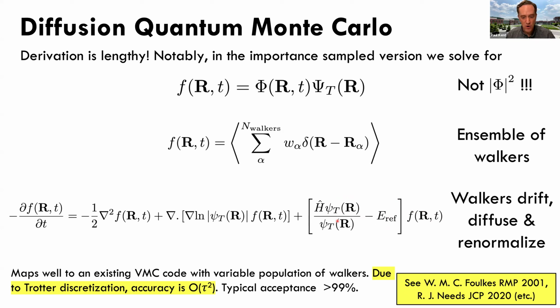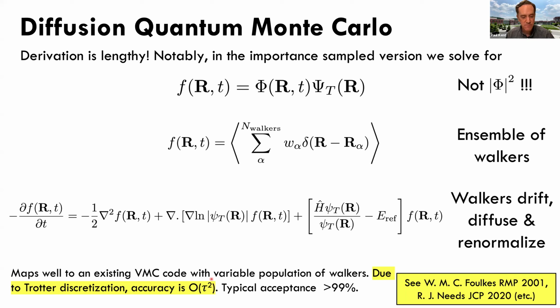Now, to get to this point, we had to do a Trotter decomposition, and we made an approximation. And that is the accuracy of this scheme is to order tau squared, where tau is the time step. So better than linear, but not higher power.